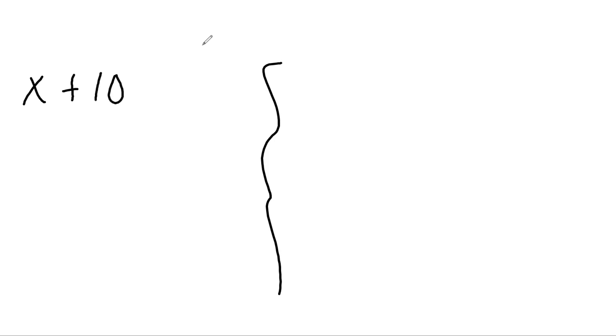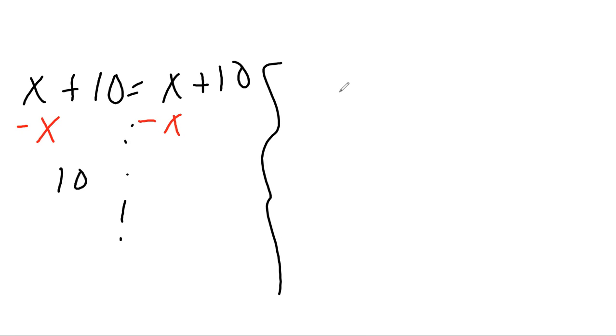What I would tell you is, if you had something like x plus 10 equals x plus 10, that's like the problem we just did. If I subtract x from each side and I get 10 equals 10, this is many solutions.